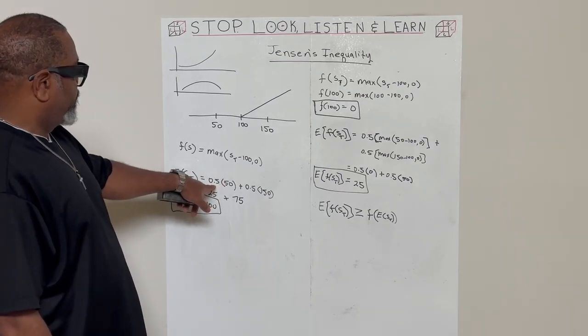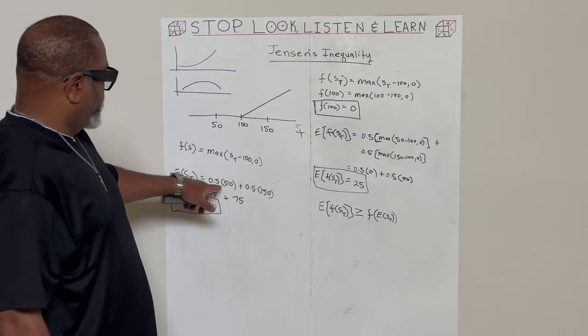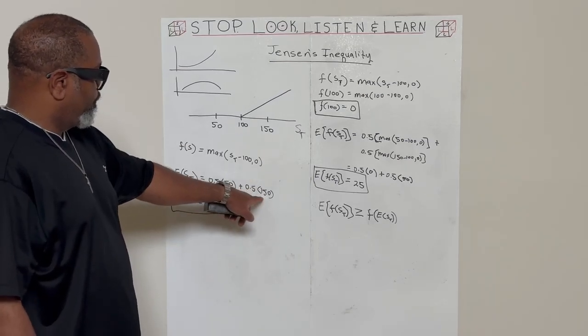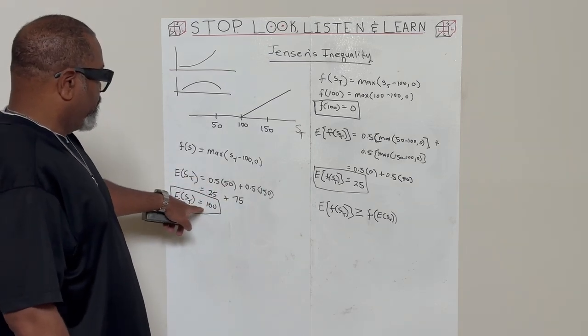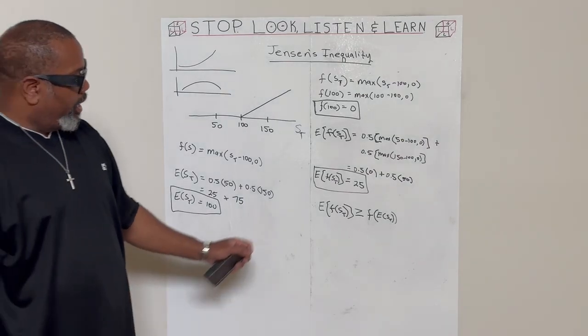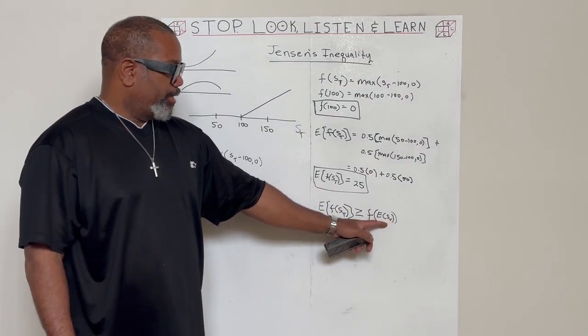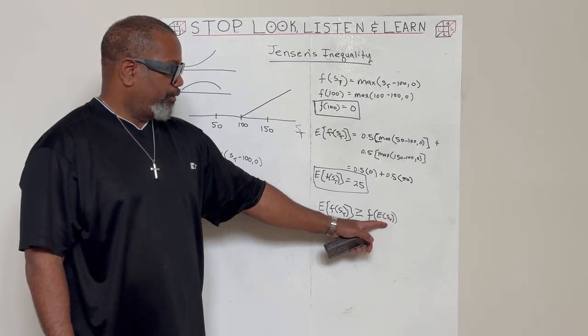It was a 50% chance that the random variable s of t would end up at 50, and a 50% chance that it would end up at 150, so you take the weighted average, and you found that to be 100. And then you take that expected value and you find the value of the function evaluated at the expected value of the random variable.